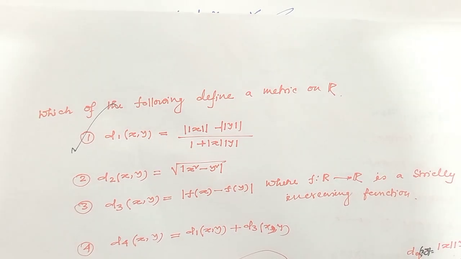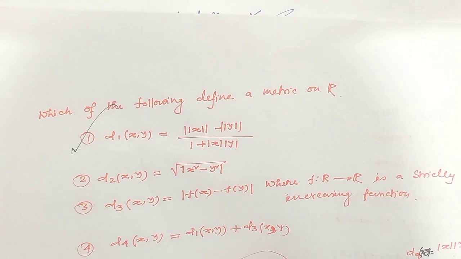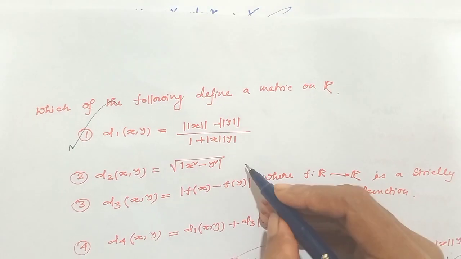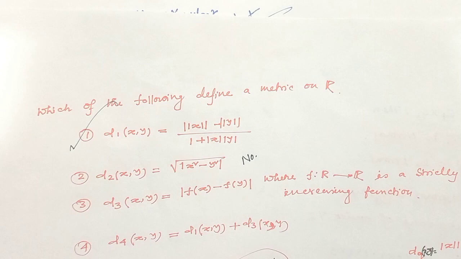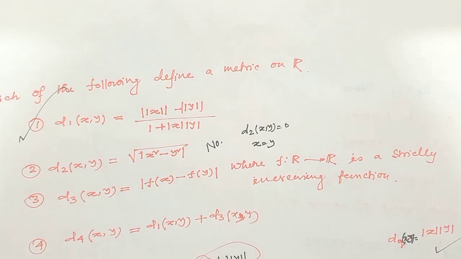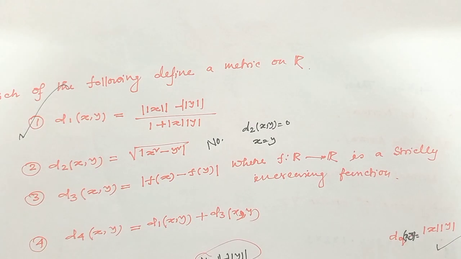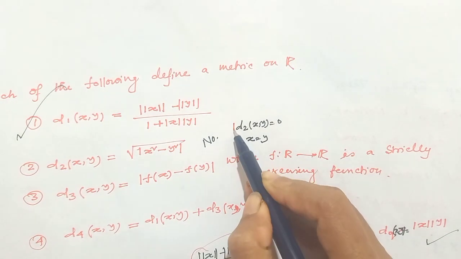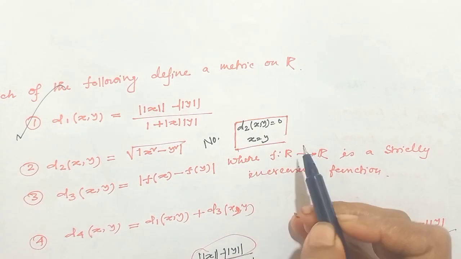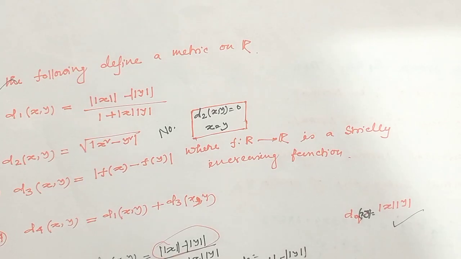Option 2: d2(x,y) equals square root of absolute value of x² minus y². Is it a metric space? No. And why not? Just think on your own first, then see my video. Because in the metric property, d2(x,y) equals 0 means x equals y, and this is an if and only if condition.